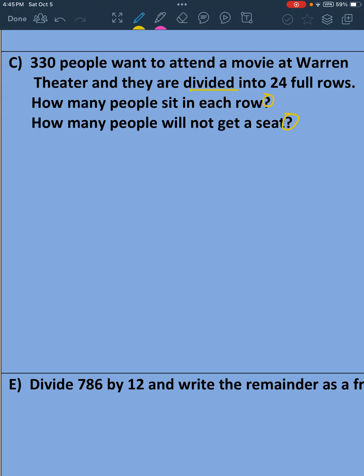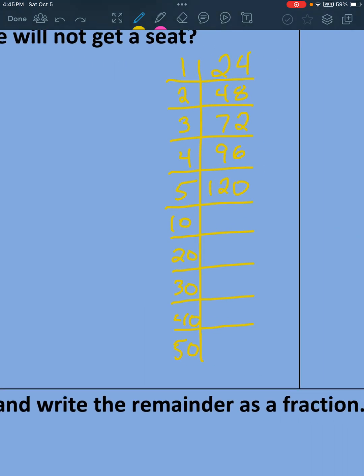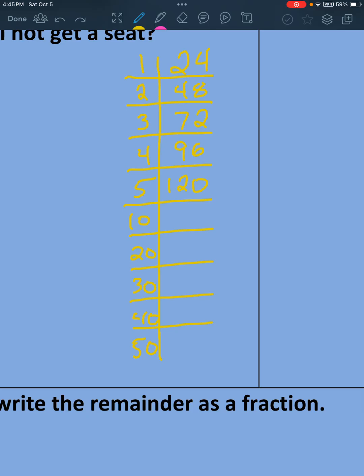I know I'm dividing, so I'm going to set up a multiplication table. Here's my multiplication table. I'm going to do my first 5 facts, which I've already done. Now I'm going to copy 24, 48, 72, 96, 120.